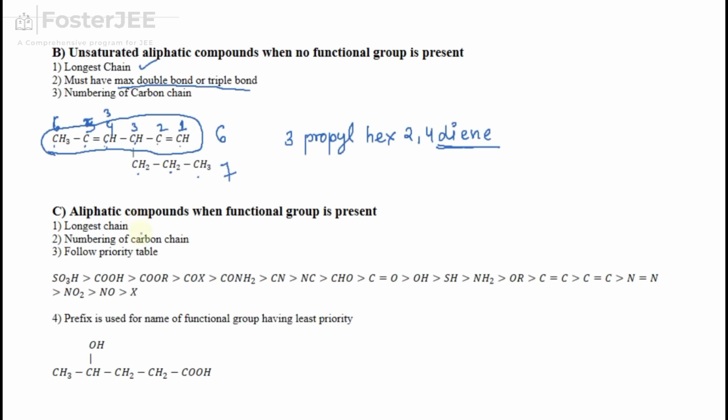Now the second one is numbering of carbon chain. The numbering of the parent carbon chain is done in such a manner that the carbon linking with the functional group gets the lowest number. Okay, so the functional group will get the lowest number.